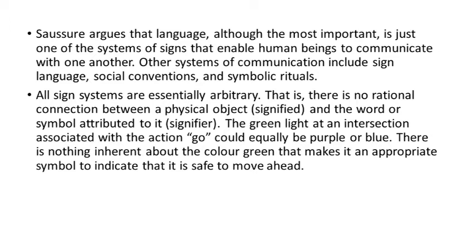But it could also be other colors, purple or blue, and there is nothing inherent about the color green. There is no connection between the color green and the action to go. It is not like green is an appropriate symbol to indicate that it is safe to move ahead. We have given the action of go to the color green.